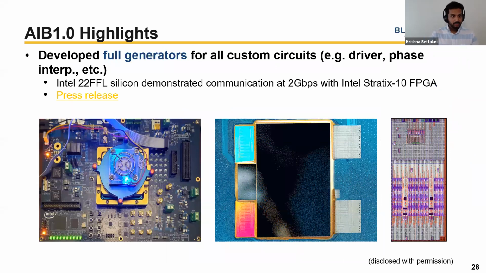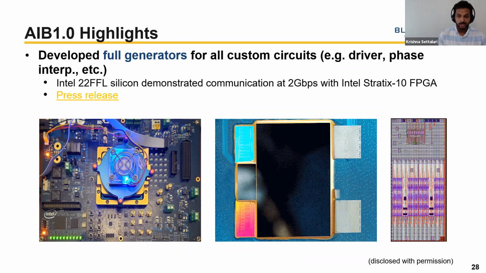And so first we begin with a little more information on AIB. As mentioned, Blue Cheetah developed full generators for all of the custom circuits, things like drivers, phase interpolators, delay lines, etc., leveraging the generator technology that we've been pioneering here. What's very exciting is that not only are those generators leveraged for open source, but they actually help produce instances on Intel 22FFL.